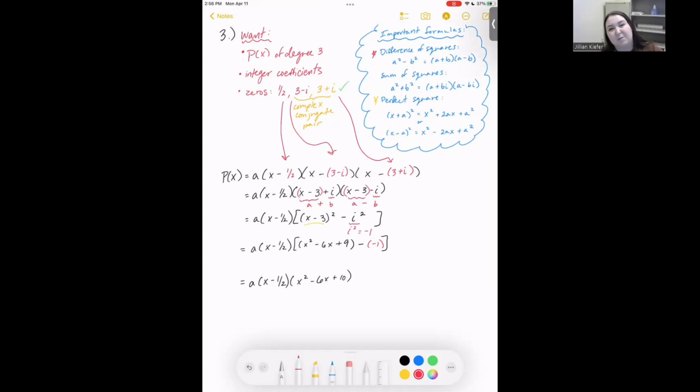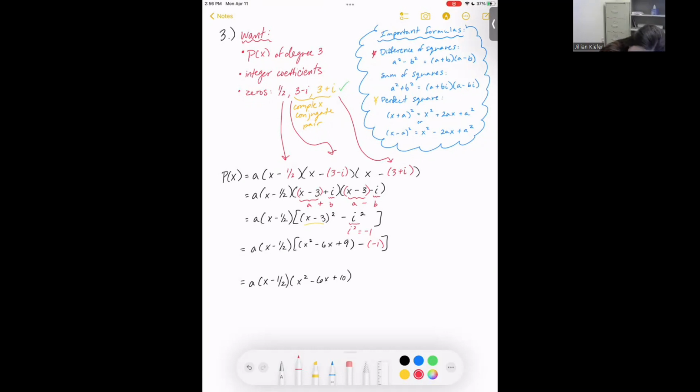And this is really using the FOIL method. It's not exactly FOIL since we've got one term that has 3 terms in it, but same thing, it's the distributive property. So we're going to distribute x to every term in x squared minus 6x plus 10, and we're going to distribute -1/2 into every term in the x squared minus 6x plus 10.